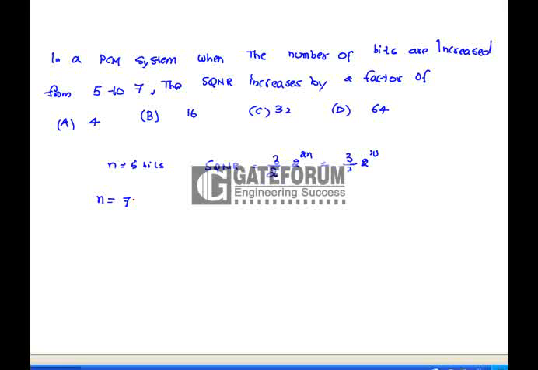Similarly, when n equals 7 bits, SQNR equals 3 by 2 into 2 power 14. So how many times it increases we have to find out. SQNR 2 divided by SQNR 1 equals 2 power 14 minus 10, that is 2 power 4. The signal to noise ratio is increased by 16 times, that is option B is correct.